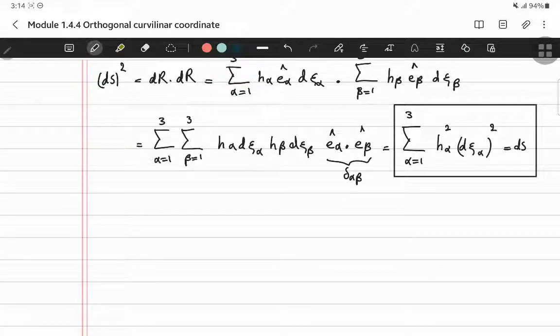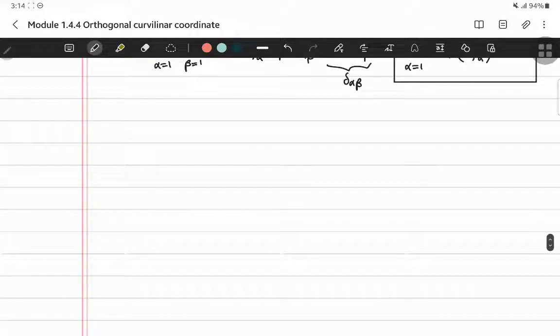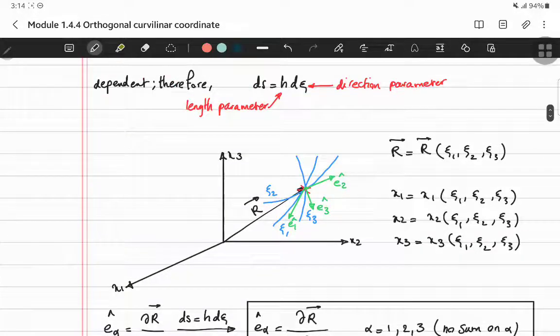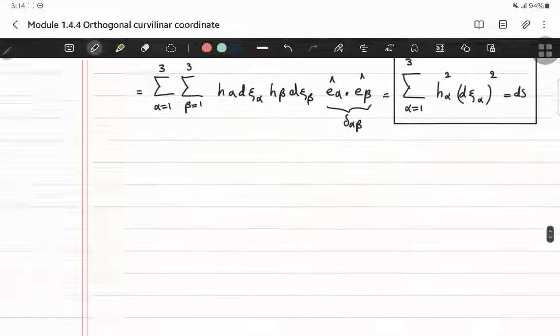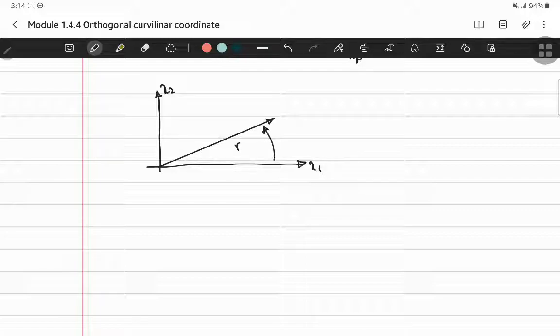So next, the only parameter that we need is how, for example, e1 is changing with respect to Z1, Z2, and Z3. So similar to the polar coordinate system, if you recall, we had this, let's say, r here, and this was theta.